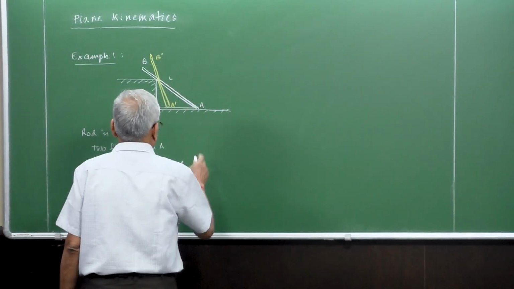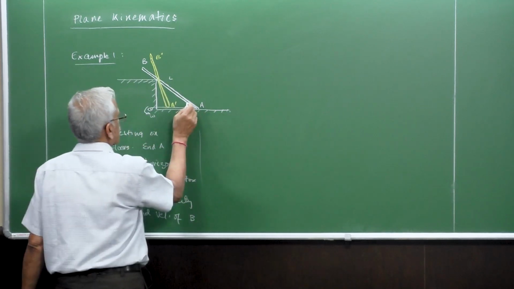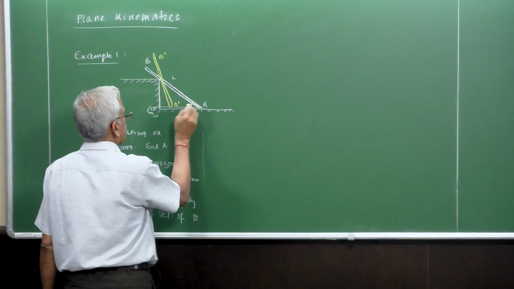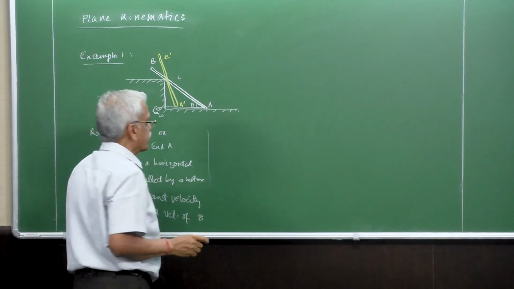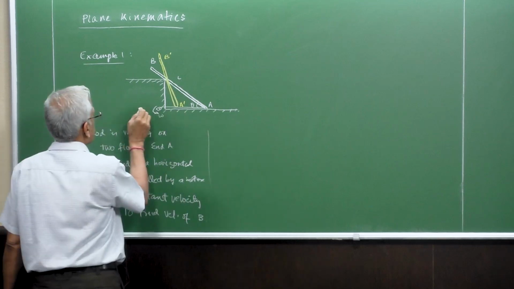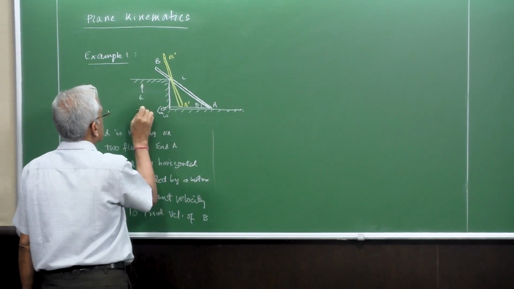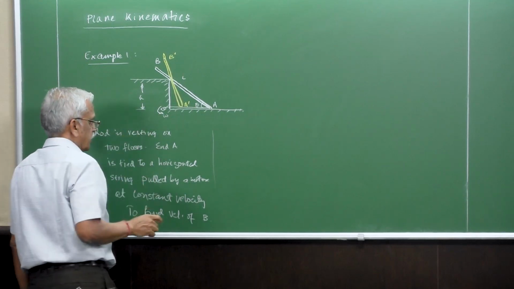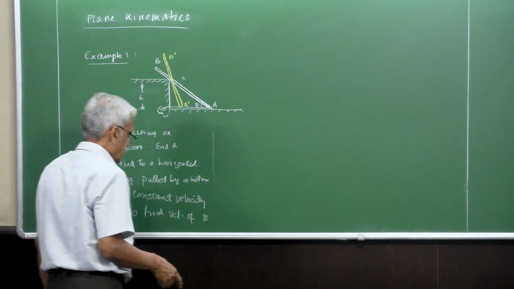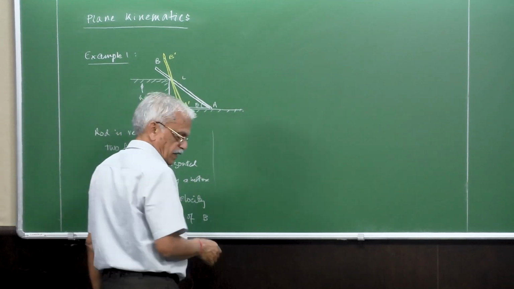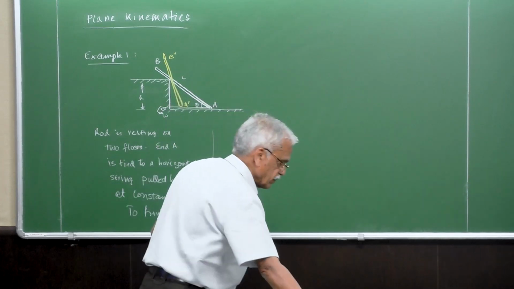To do this, let us see. Let's find out the angular velocity here. This is the angular position theta. Instead of doing this, we might do it later, and let us simply say that we're trying to find the angular velocity of the rod.